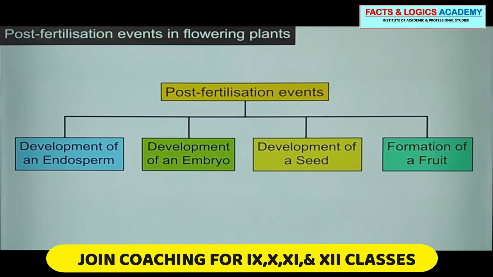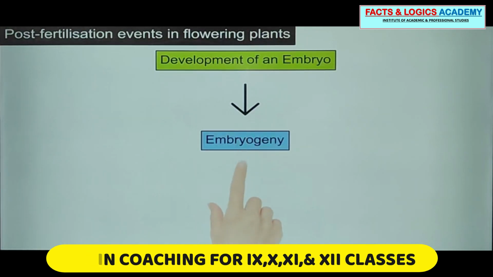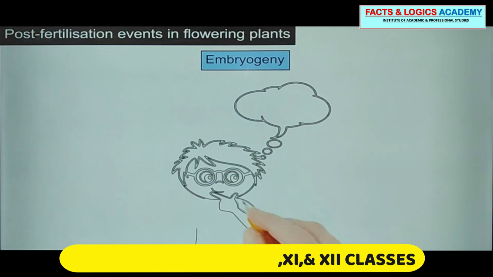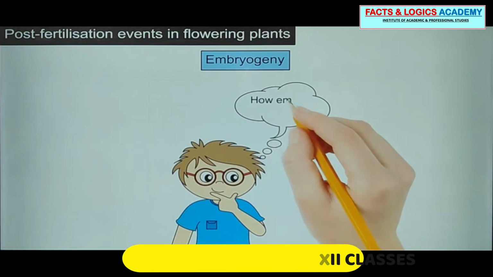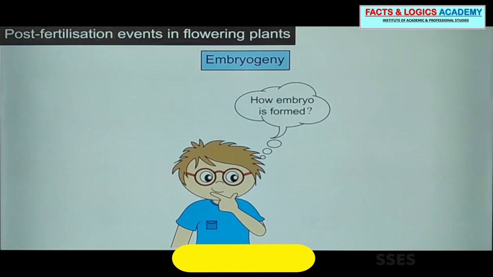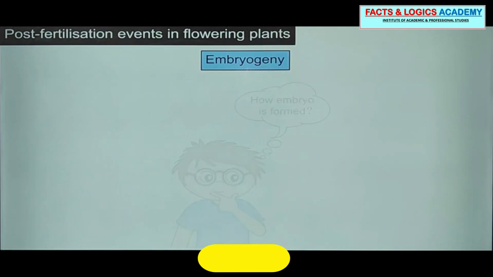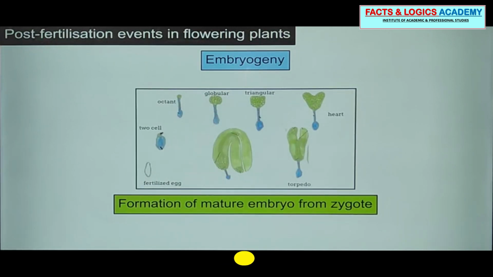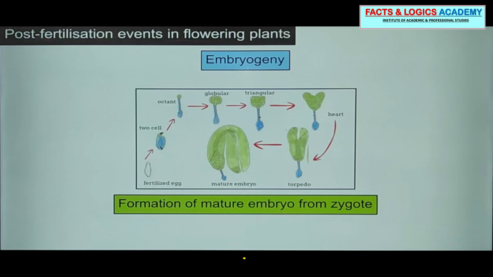Now let us move on to the next event, which is embryogeny, or the development of an embryo. This major event takes place inside the ovule of the carpel. But how does this happen? The diploid zygote divides many times by the process of mitosis to produce an embryo. The zygote divides to form a proembryo and subsequently a globular, heart-shaped and mature embryo.